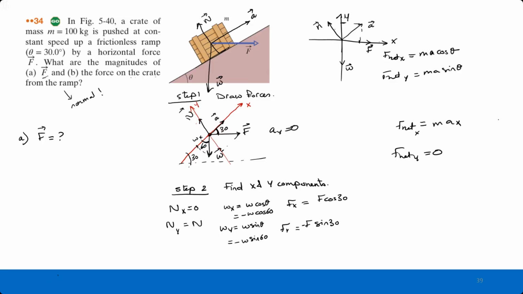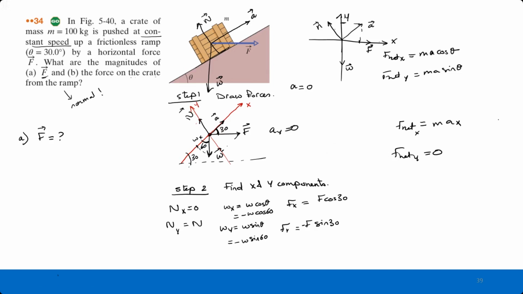I'll proceed to use Newton's laws. Again, we want to find the magnitude of capital F. One thing I see is I have drawn an acceleration vector, but if you look again at the given, we're given that the crate is pushed at constant speed. Since it is at a constant speed, the acceleration is 0.